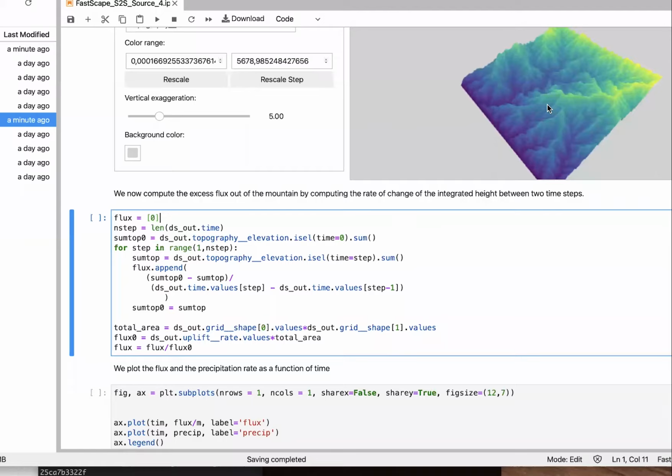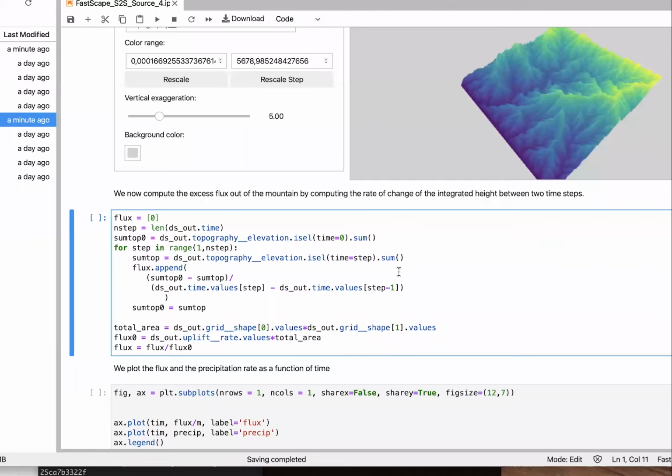If it doesn't change, then I know that the flux coming out of this mountain is exactly equal to the tectonic product of U, the uplift rate, by the size of the model. If the topography changes, it means the flux is more or less than the steady state tectonic flux coming out.